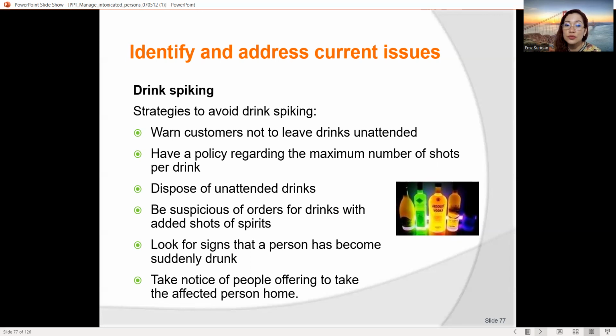You need to consider it or observe it because maybe that person has been drugged. Then take notice of people offering to take the affected person home. So if it is a female, you need to observe whether that is the person she was with before she entered the premises.